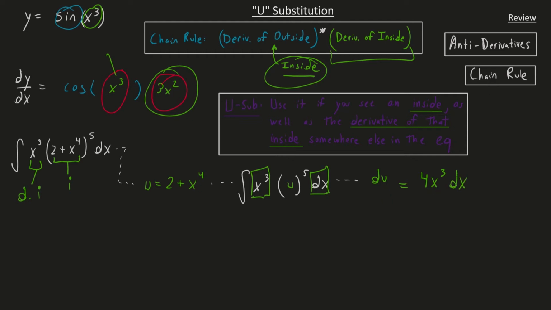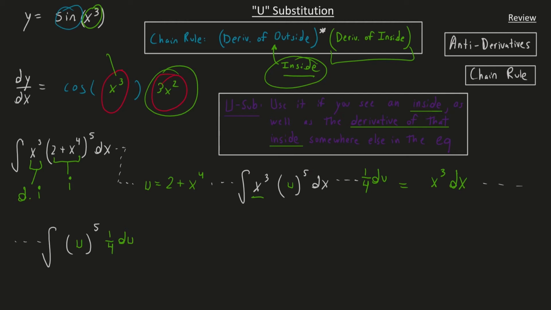So now we have an x cubed and a dx, just like we have here, so that's looking good, but we don't have a 4 anywhere here. That's no problem. I'm just going to divide 4 on both sides of my equation here. So now over here, essentially, I have an x cubed times a dx, and over here, x cubed times a dx. Instead of writing x cubed times dx over here, I can just write 1/4 du. So that's what I'll do.